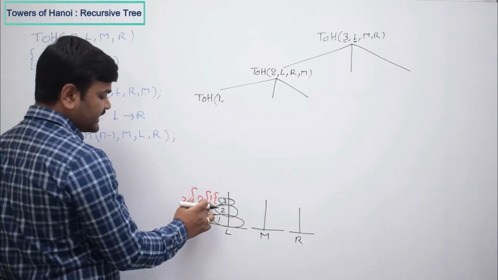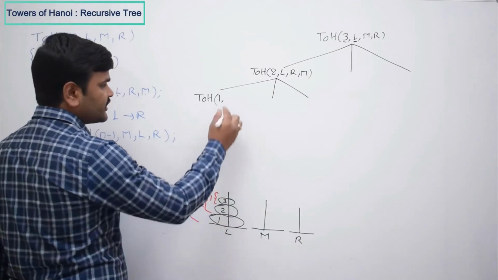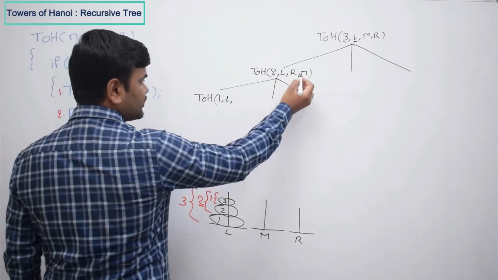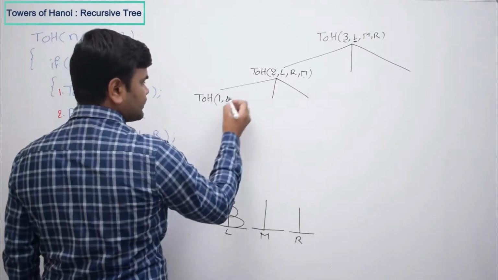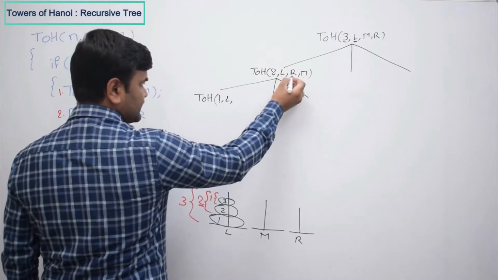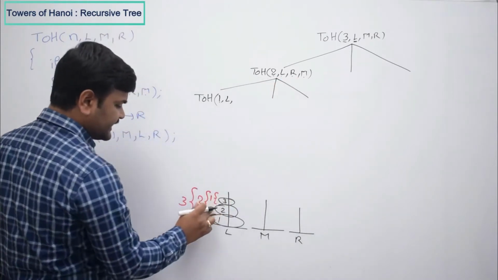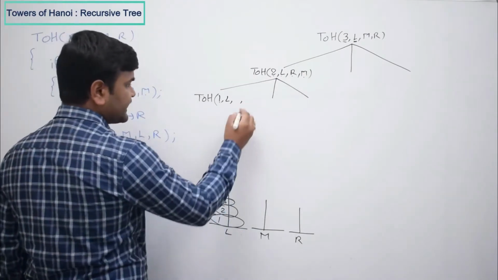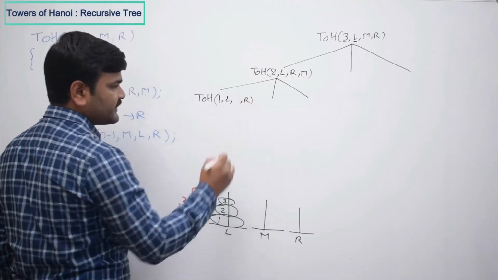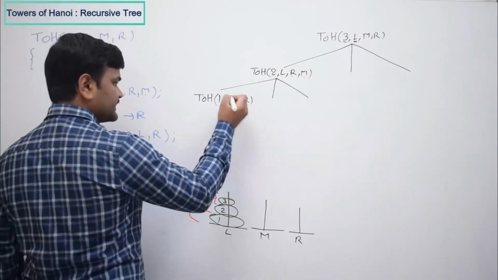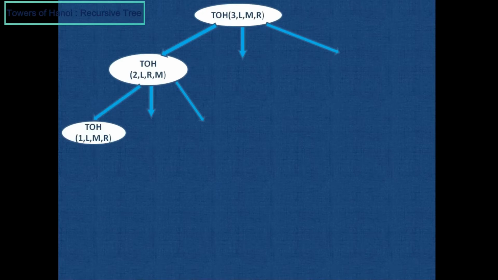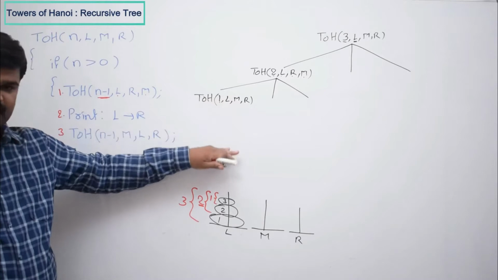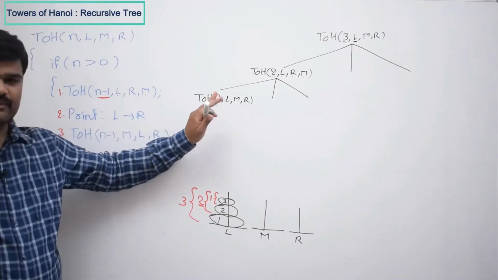Now where is this one disk? It is at L. So that is the source, and these 2 disks you have to shift to M, which means this one disk you have to shift to R, so that this second disk you can shift to M. Okay, so that is why the target here will become R, using M. If you understand the meaning, then you can work mechanically, but the meaning is most important.